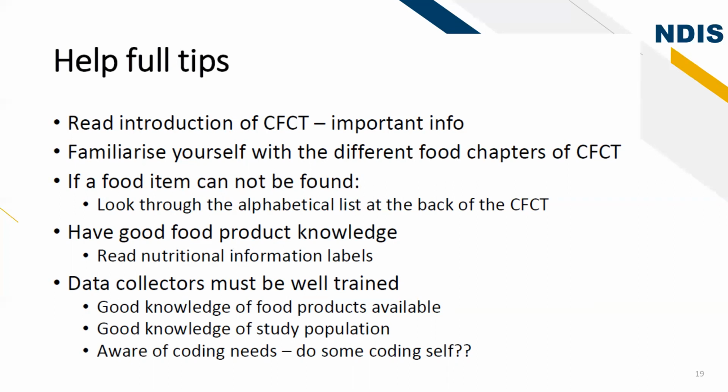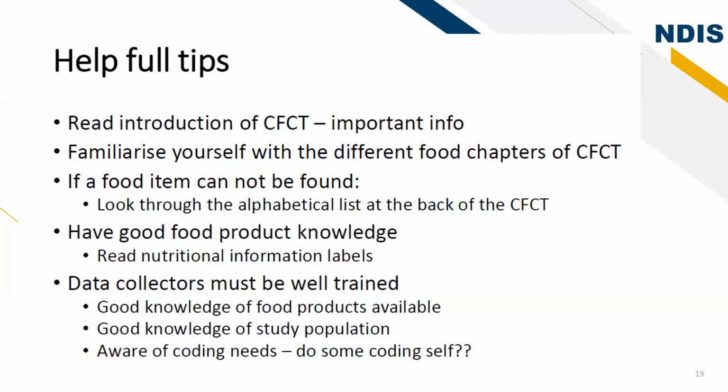If you can't find the food item, you can look at the alphabetical list at the back of the food composition table. If you're doing your coding and quantifying with the electronic food composition table and food quantities manual, you can open it up in Adobe and then search. The search function will search through the document and show you your food item.